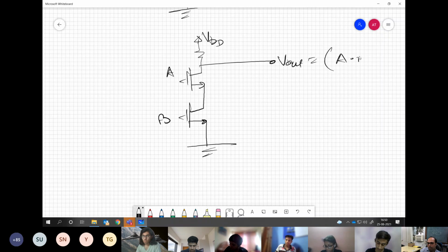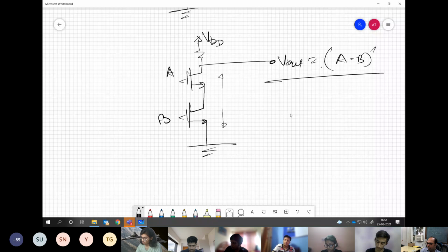That is the typical characteristic of the NAND gate. Even if any one is off, the VDD is going to appear over here. Only when both are on, this is going to be 0. Clear? Very easy to make, right?